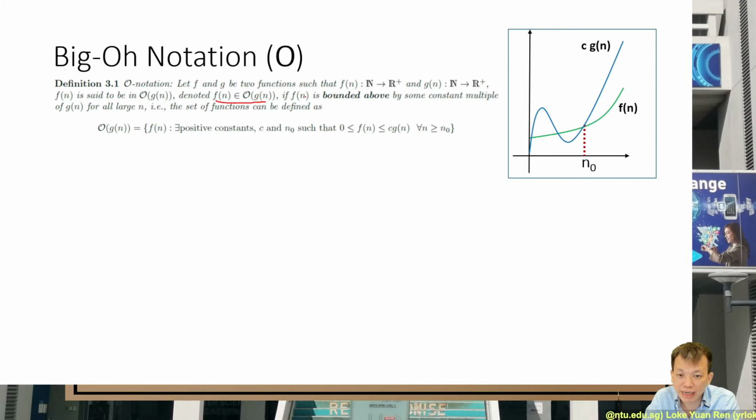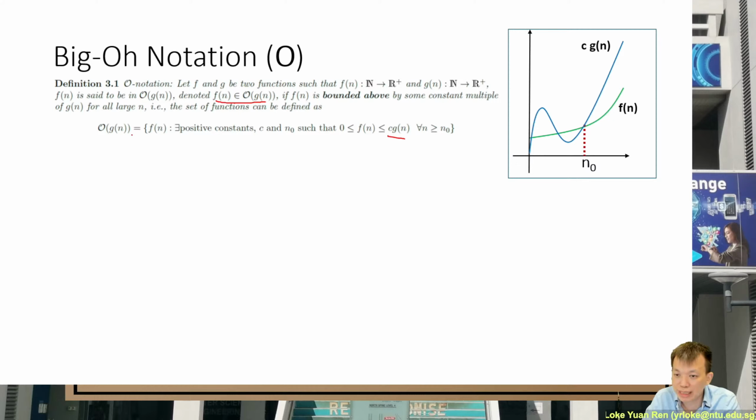If f(n) is bounded above by some constant multiple of g(n) for all large n, then that is the definition. So there exist a positive constant c and n naught such that f(n) is less than some constant times g(n), then you can say that f(n) is in O(g(n)).